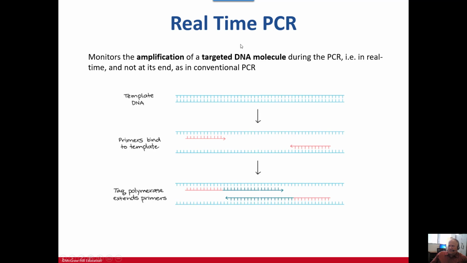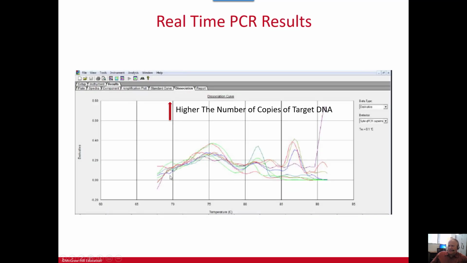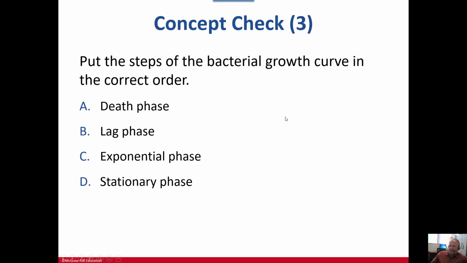And then the real-time PCR, we're going to amplify, and this is just a genetic look at the presence or absence of that particular microorganism, and then looking at how much of that DNA we can copy at any one particular time. But we're not going to concern ourselves too much with that.